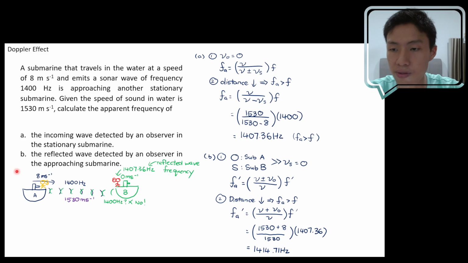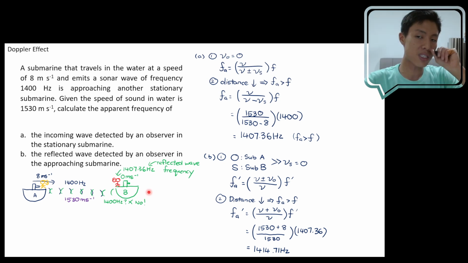Okay, so even though the submarine is producing a frequency of 1400 hertz, what's heard by the person on submarine B is a higher frequency, which is 1407.36. And what's heard reflected off submarine B back towards A is an even higher frequency, that is 1414.71 hertz.